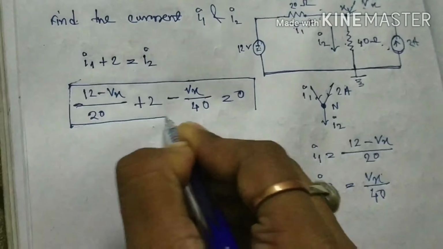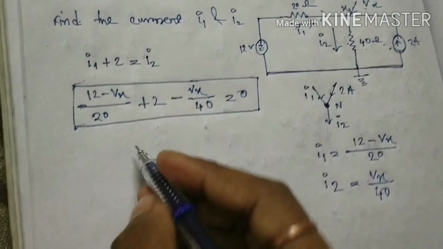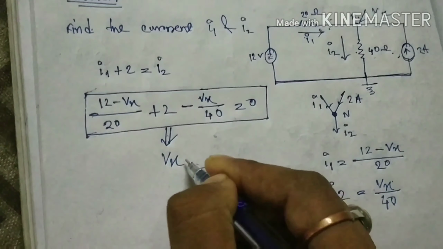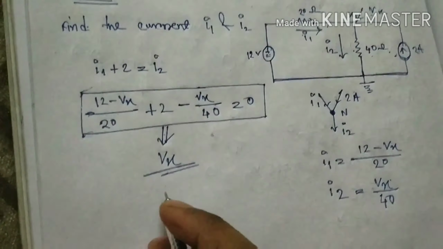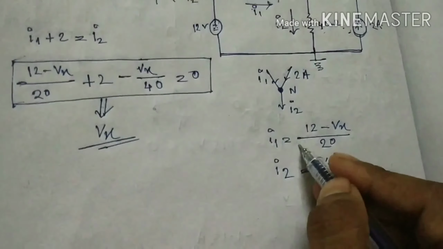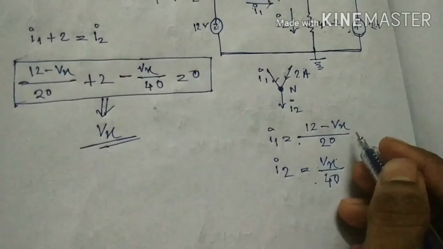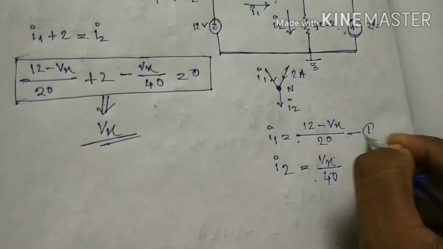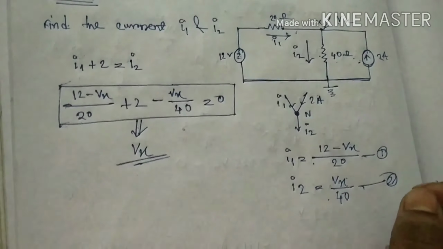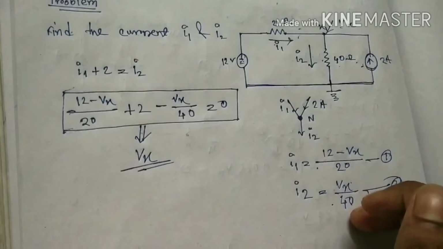You can solve this equation. First, from here you can find the Vx voltage. After getting this Vx voltage, you can find I1 current and I2 current from equation number 1 and equation number 2. So this is the result.